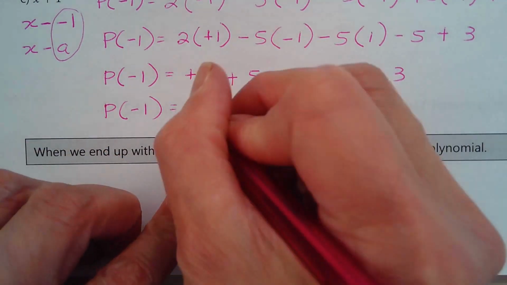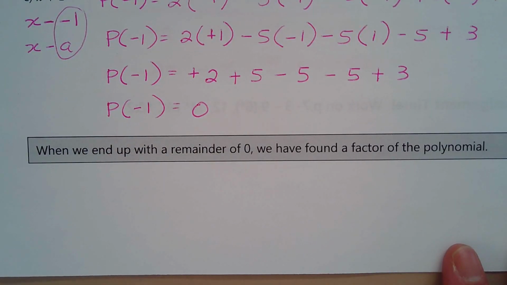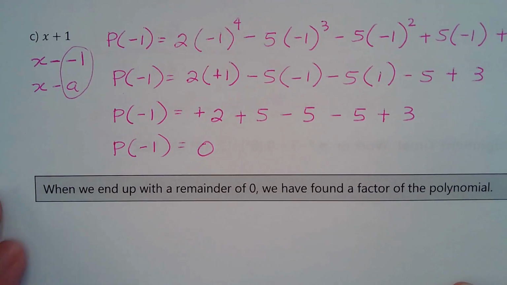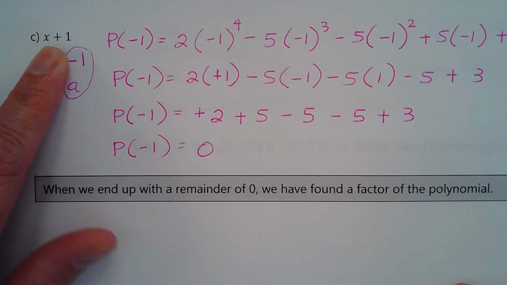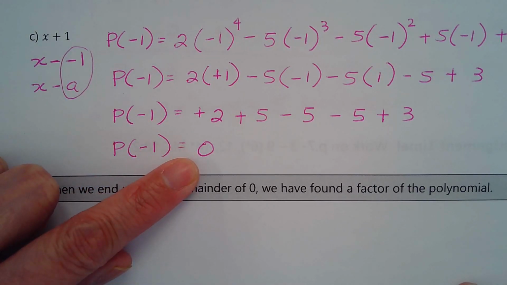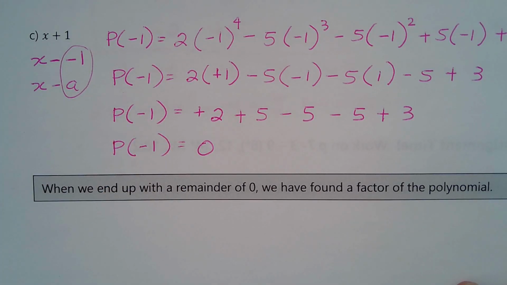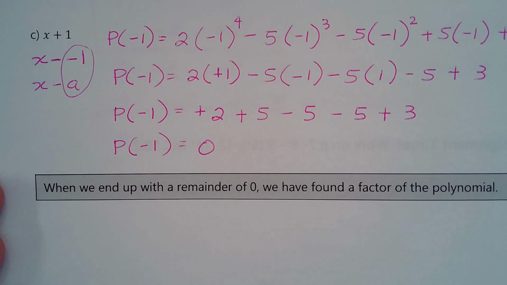Now it's 0. So what does that mean? When you take the long polynomial and divide it by x plus 1, the remainder is 0. Okay? That's good. So I'm going to end here.